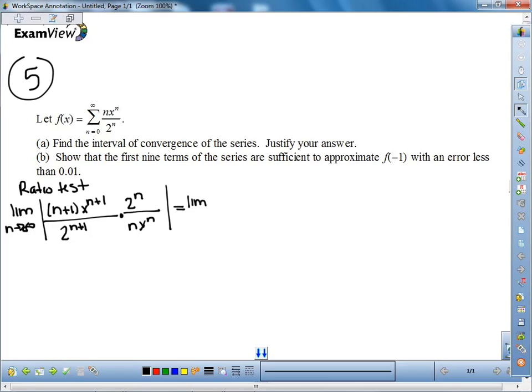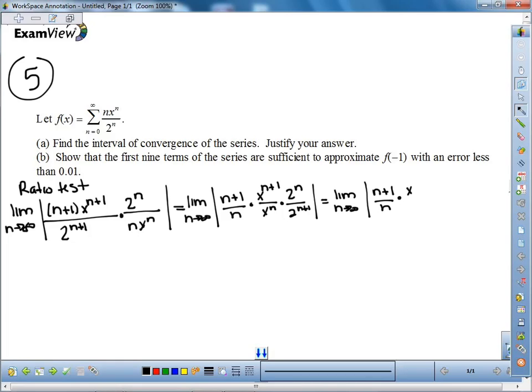I like to put all my like terms together. It's going to be (n plus 1) over n times x to the 1 times 1 over 2.